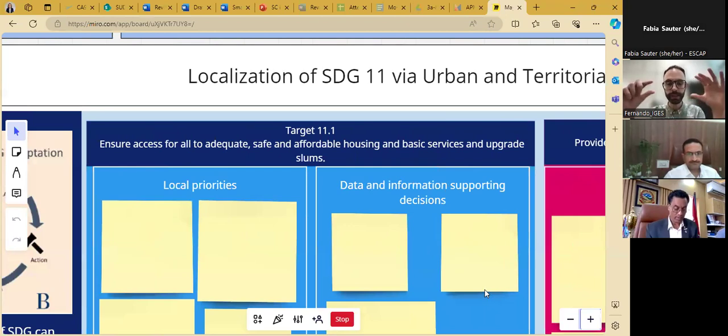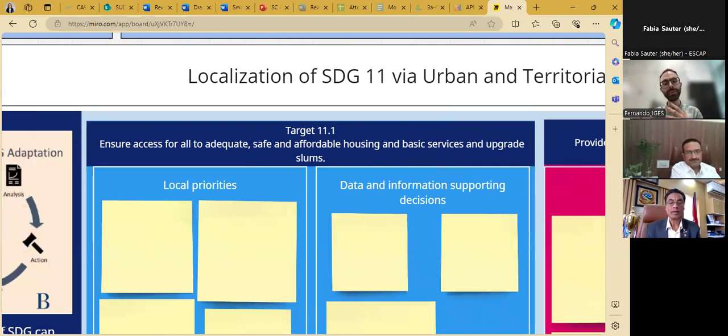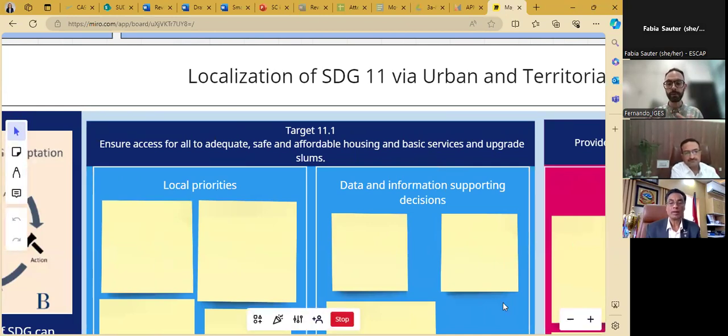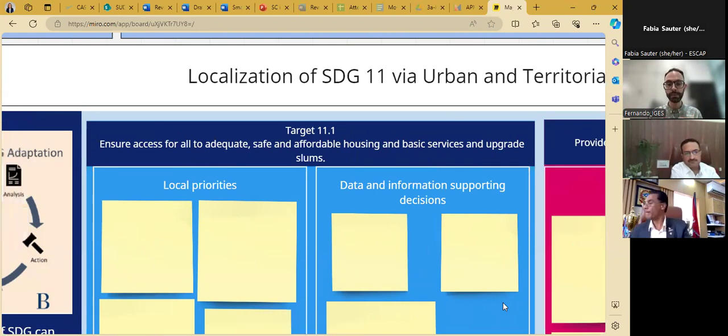So in the exercise, we'll be looking into targets one by one, and then for each target, we'll be looking into what are the local priorities for your cities. So how can you address them? And then which data and which information can help you make the right decision.